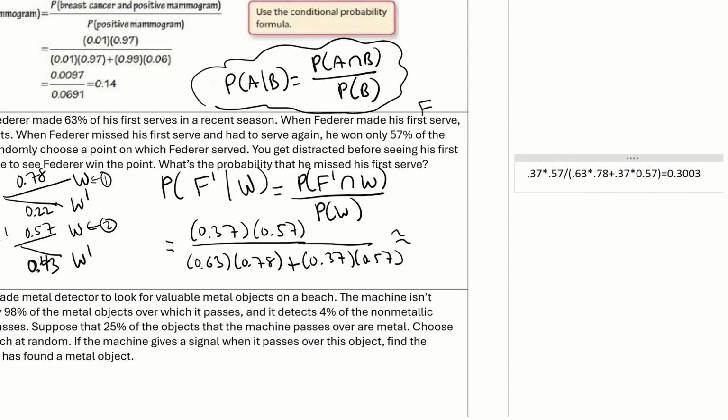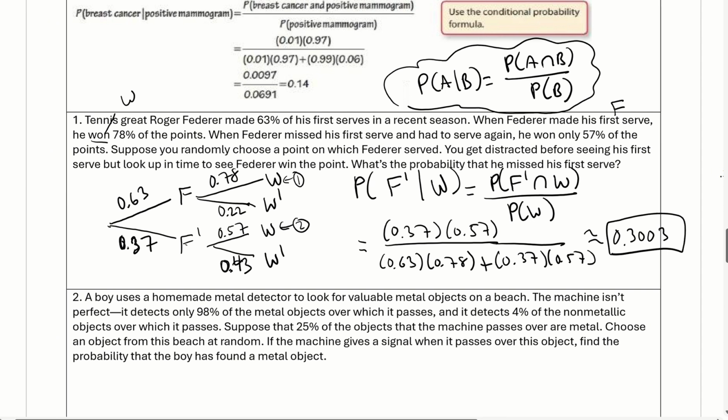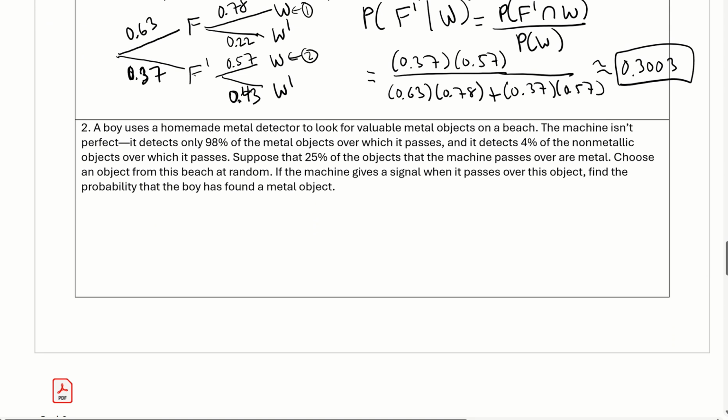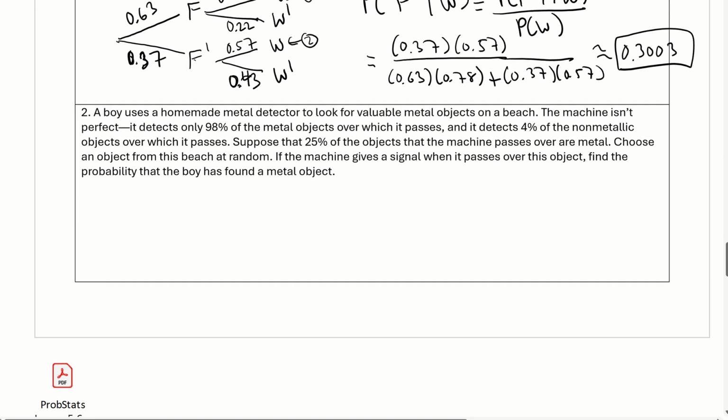All right, so you got 0.3003. There's a 30% chance that he missed his first serve. If you didn't get a chance to look and you were to guess, then you would have a 30% chance that you would guess correctly if that's what you guessed, that he missed.